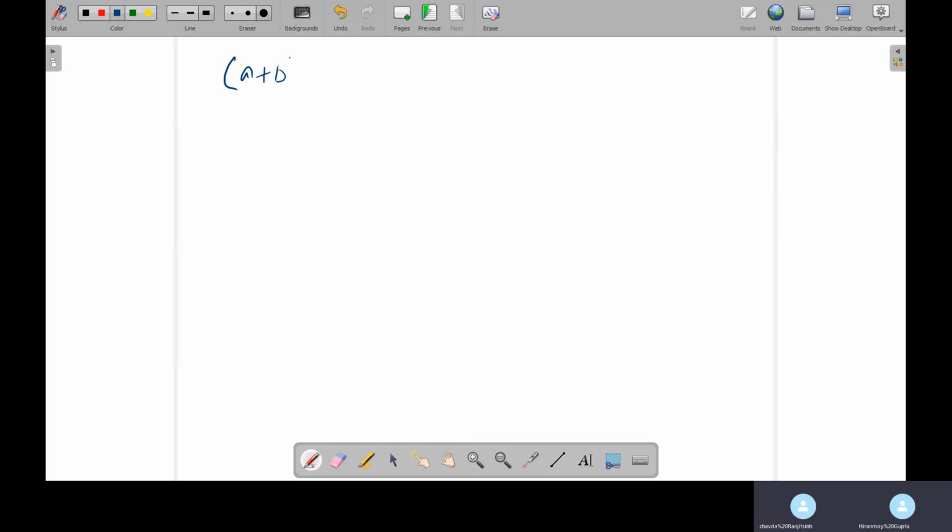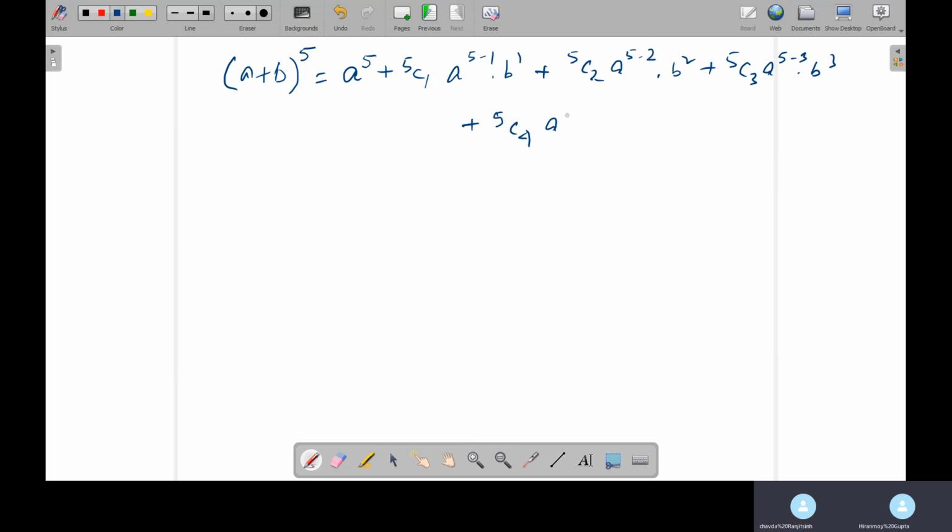If I have (a plus b) whole to the power 5, because up to 4 you have already multiplied, as per my formula I should write 5C1 a to the power 5 minus 1 b to the power 1, plus 5C2 a to the power 5 minus 2 b squared, plus 5C3 a to the power 5 minus 3 b cubed, plus 5C4 a to the power 5 minus 4 b to the power 4.